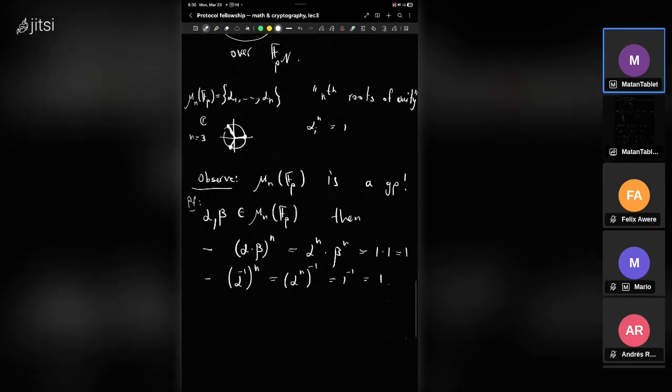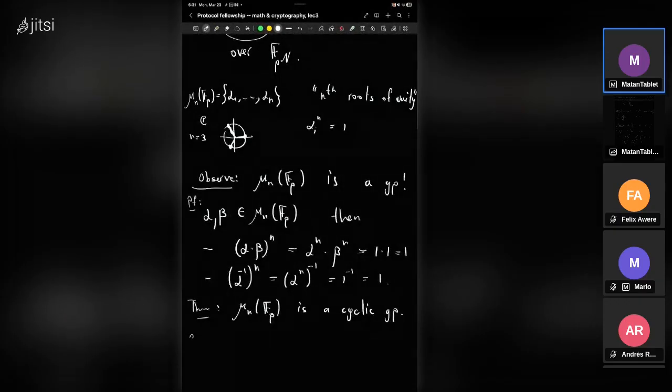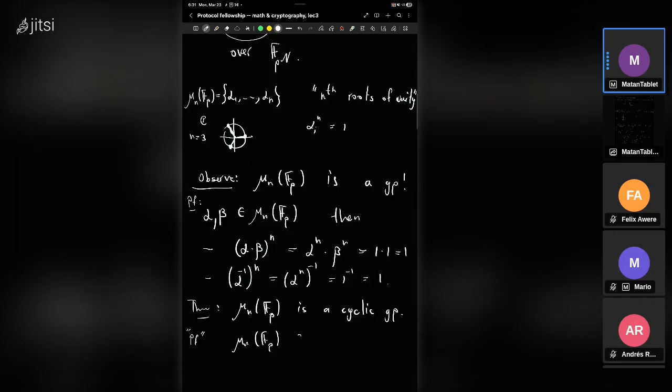Moreover, say theorem: mu_n of F_p is a cyclic group. And here I don't really prove it, but the proof is because mu_n of F_p is a subset of the multiplicative group of some extended field.